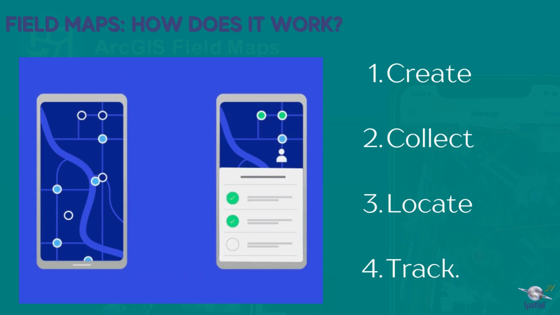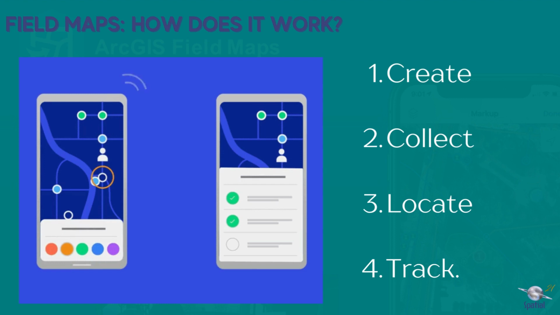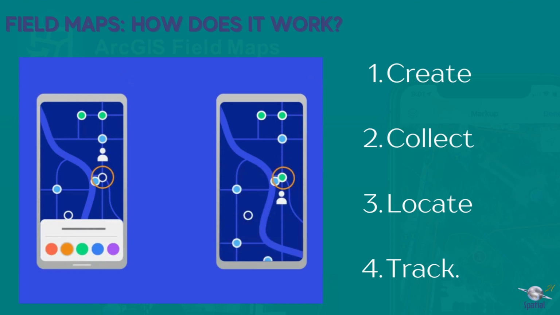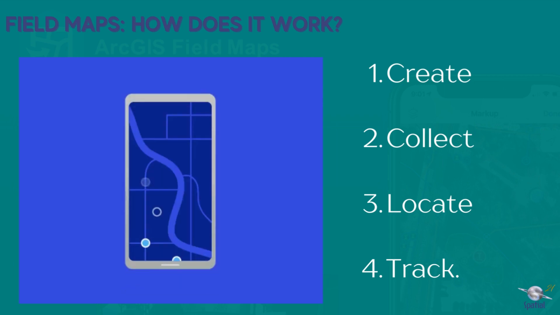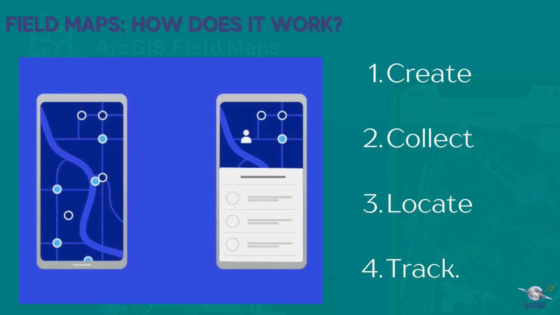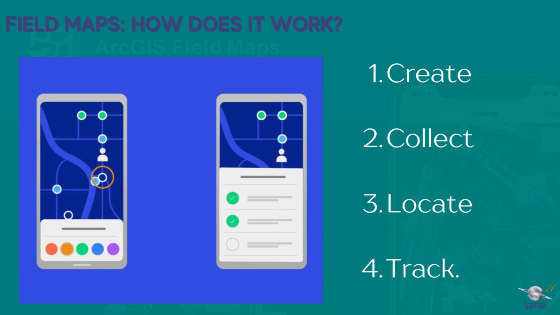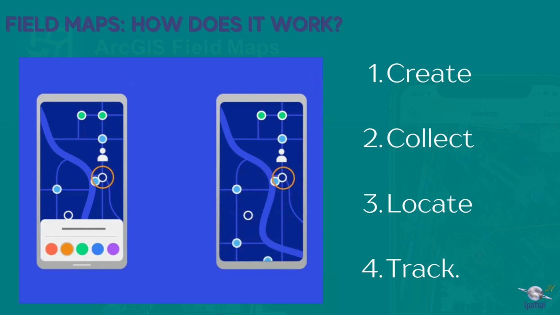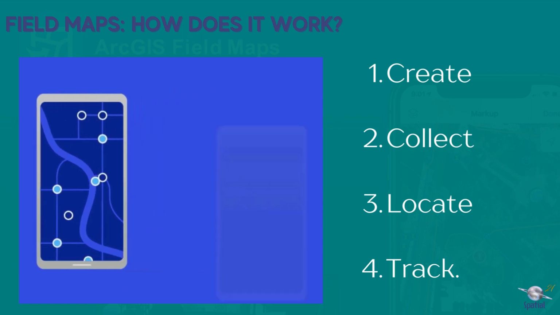In addition to the integration of high accuracy GPS and GNSS receivers, the ability to collect Z values for 3D space, and the ability to be configured for on or offline use, Field Maps can be configured to be floor aware, facilitating use in indoor mapping.